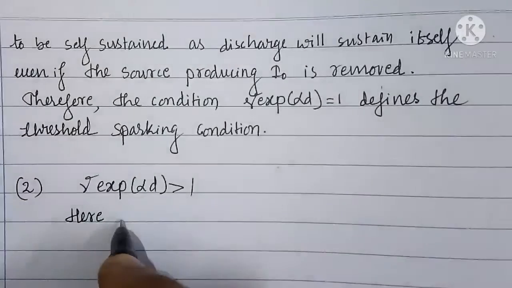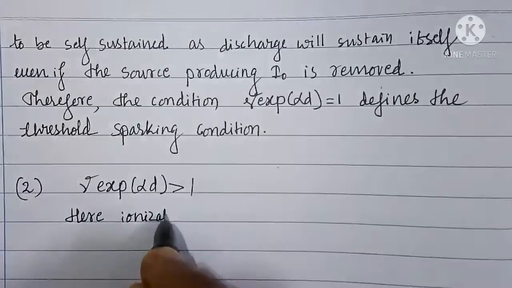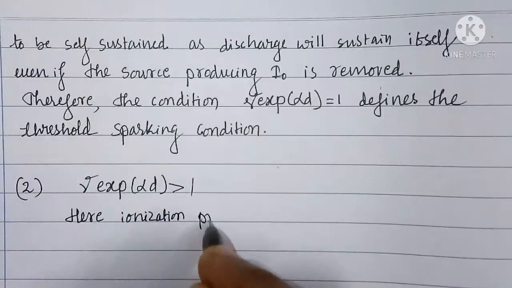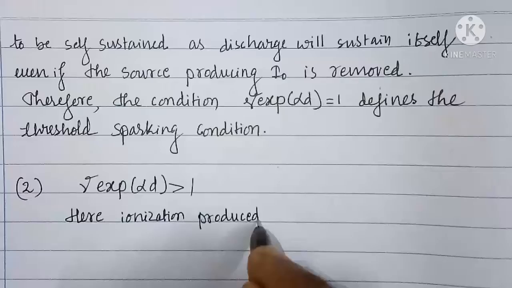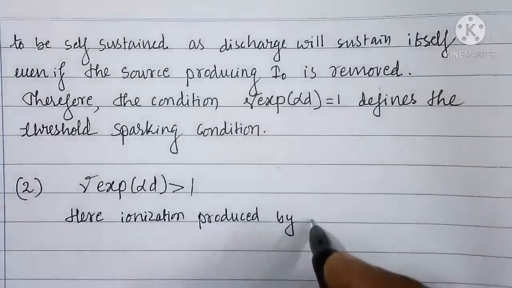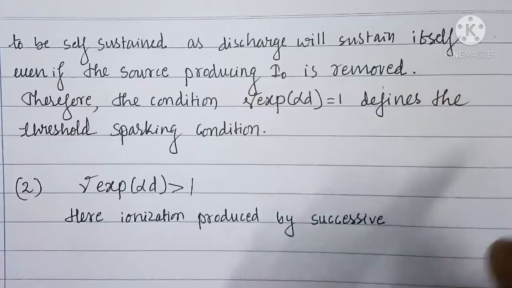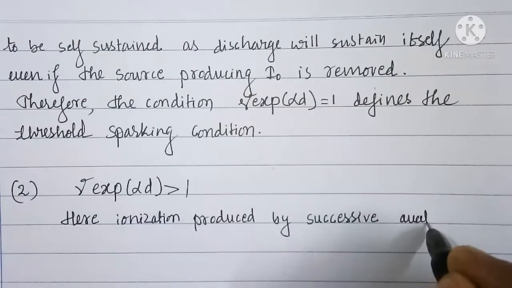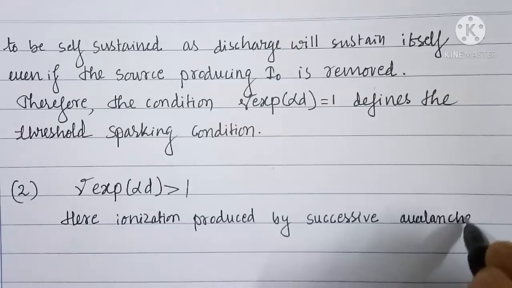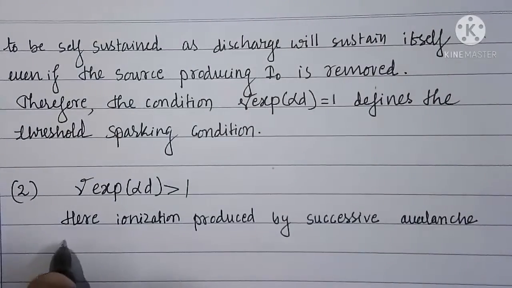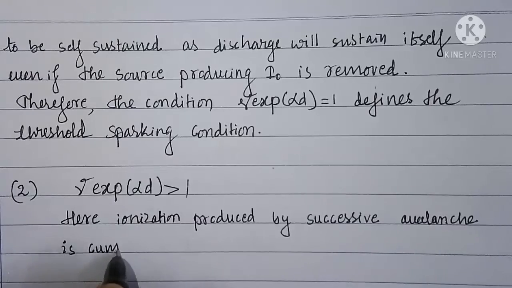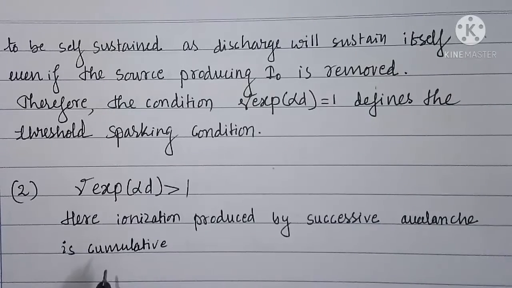Here, ionization produced by successive avalanches is cumulative, which means the positive effects will go on adding.